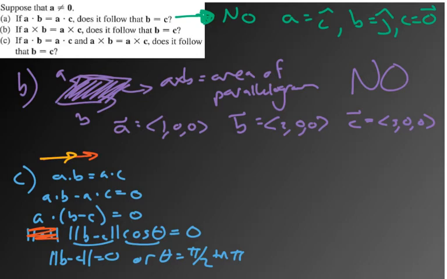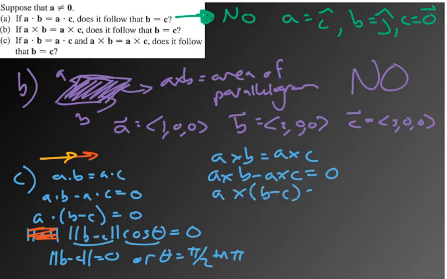Then the cross product part: if A cross B equals A cross C, I do the same kind of thing, subtract one over and factor the A out.